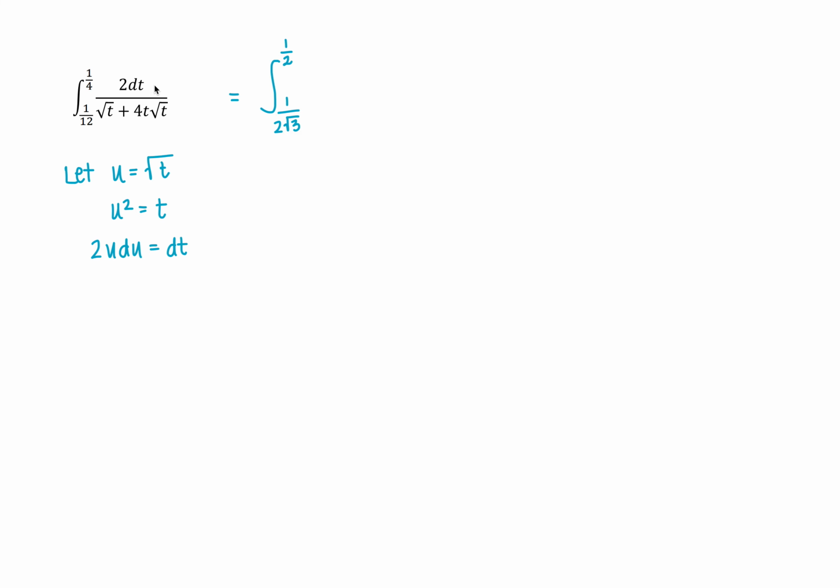2 dt is going to be 2 times 2u du. In the denominator, I've got u plus 4u squared times u. So notice that all of my terms have a u.